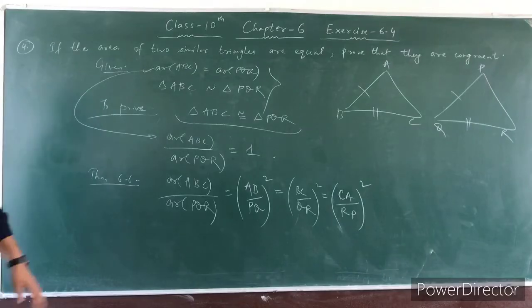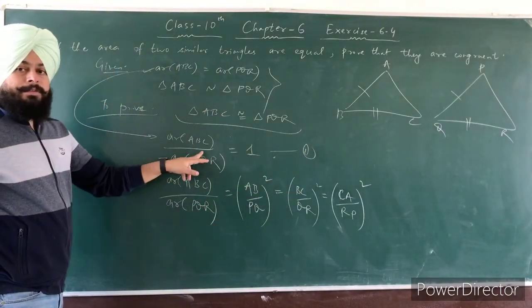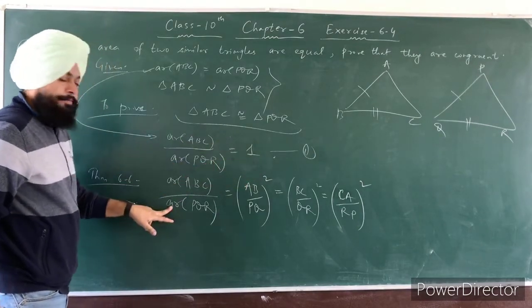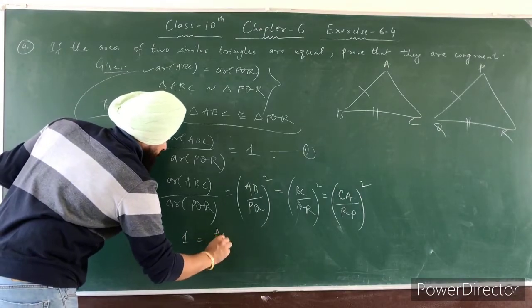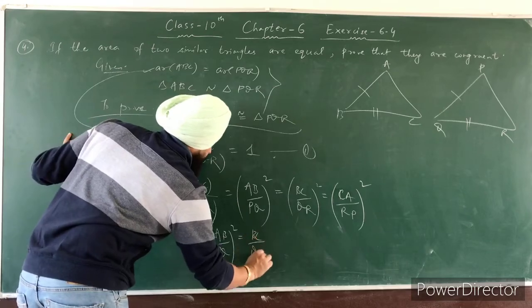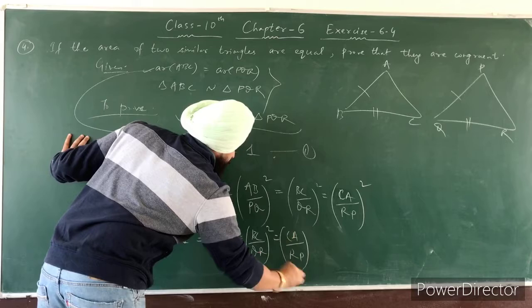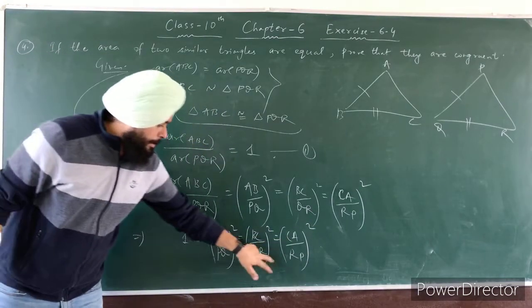Alright. Now in this above equation from 1, we know that area of ABC over area of PQR is equal to 1. So you have to put this value 1 here. This implies 1 is equal to (AB over PQ) squared, which is equal to (BC over QR) squared, which is equal to (CA over RP) squared. So all are equal.